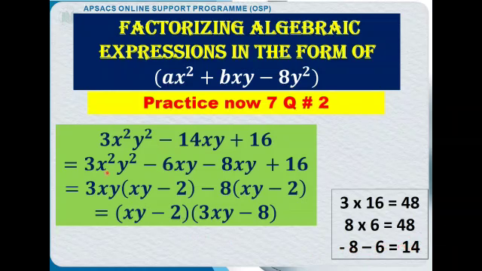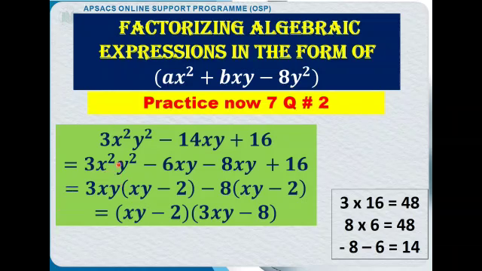See, 3x²y² − 6xy − 8xy, minus minus plus 14xy, and the sign would come with the greater number, plus 16. Now we are going to take common factors. What is common here? 3 and 6 come in the 3 table, and xy is common here and here also. When we took 3 and xy outside, what is left?